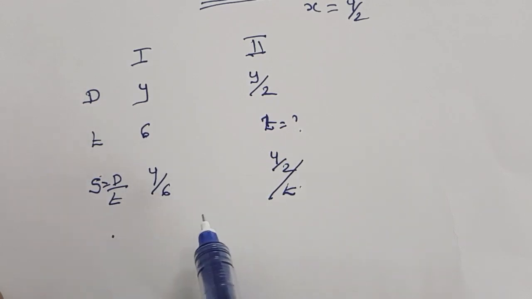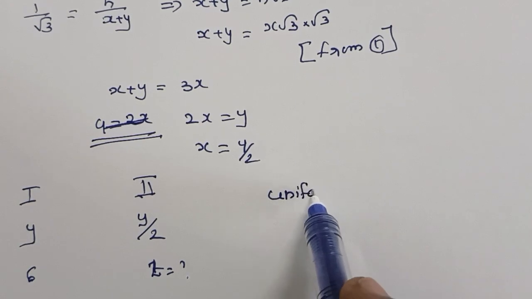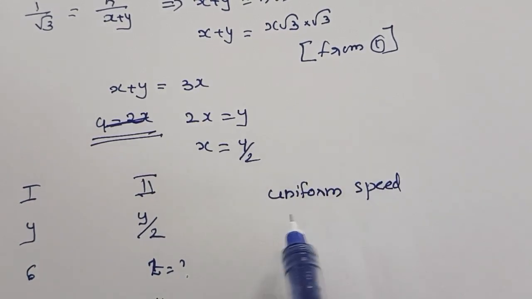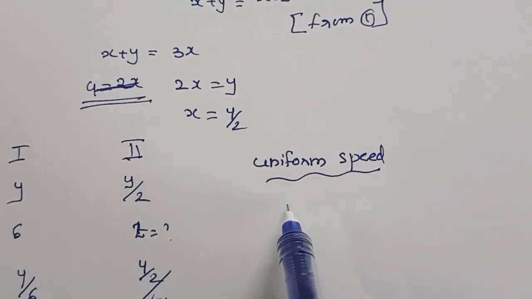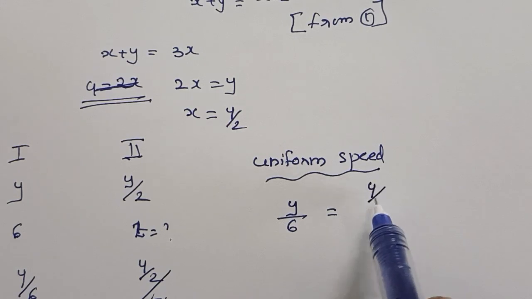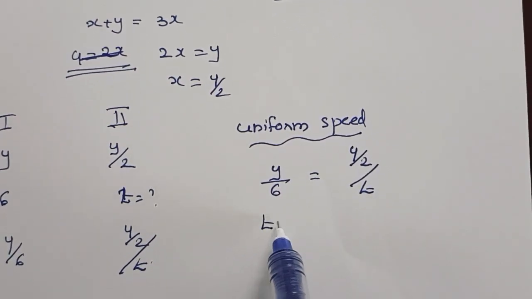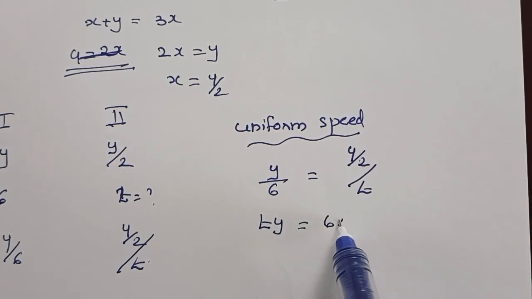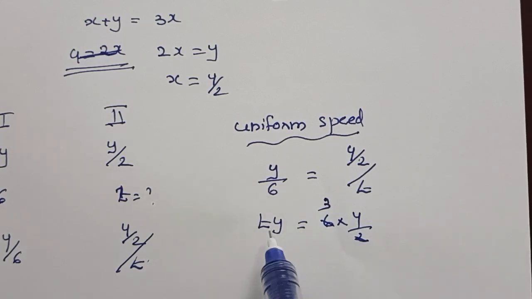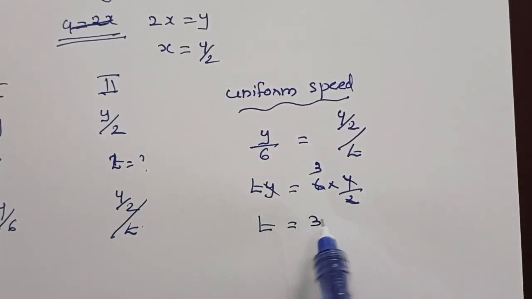The car is at a uniform speed, so we can take the speed in the first case, y by 6, equal to y by 2 divided by t. Cross multiplying, ty equals 6 into y by 2. Y and y cancel, so t equals 3 seconds.